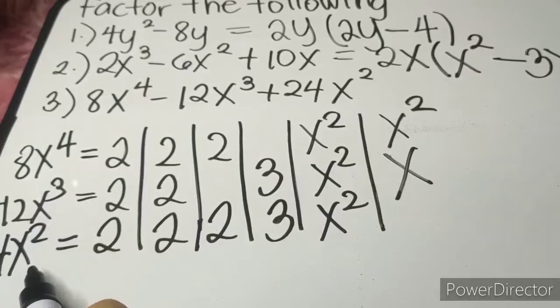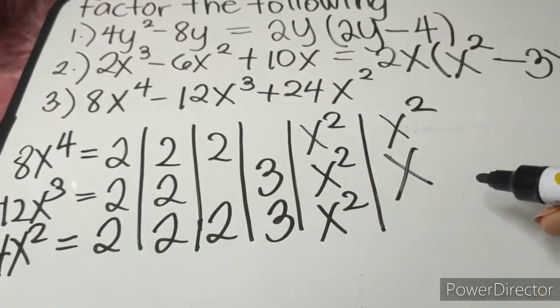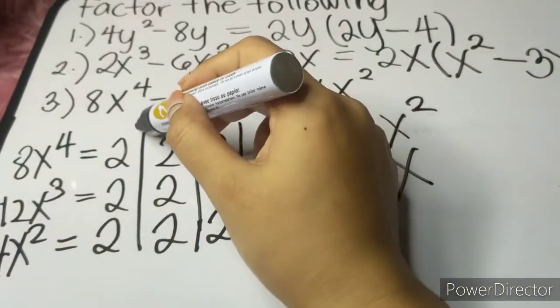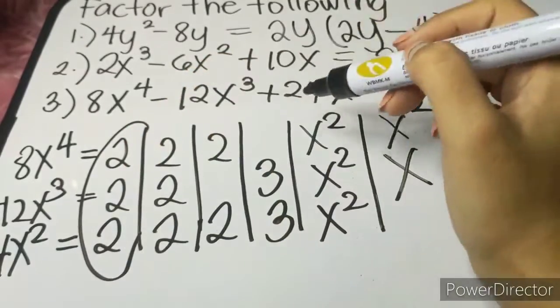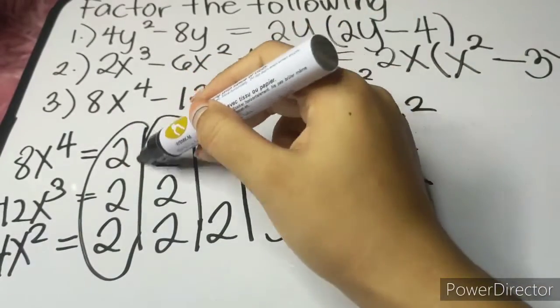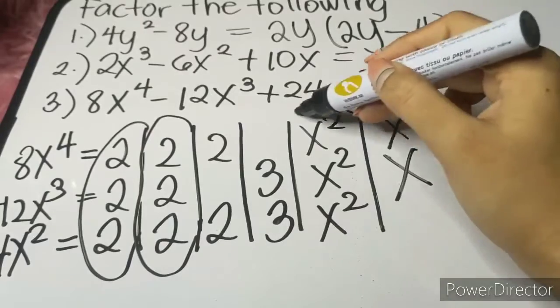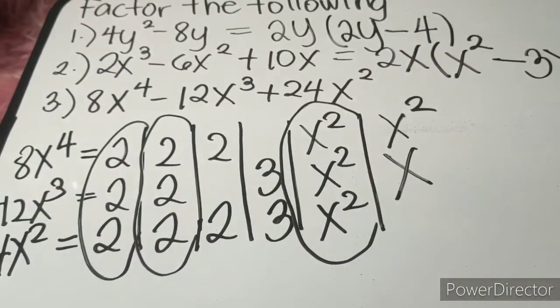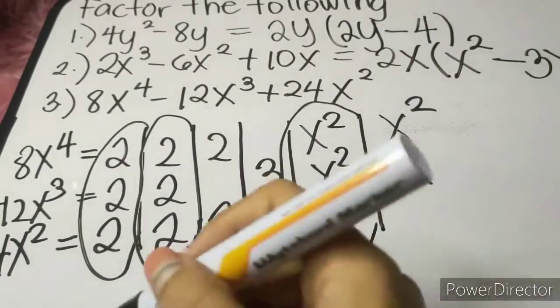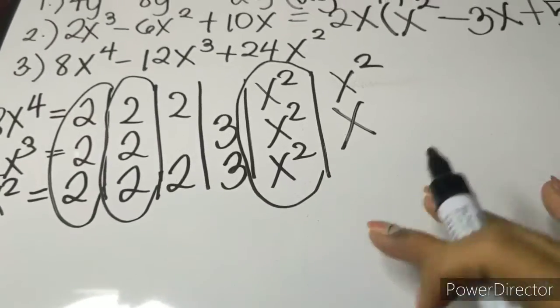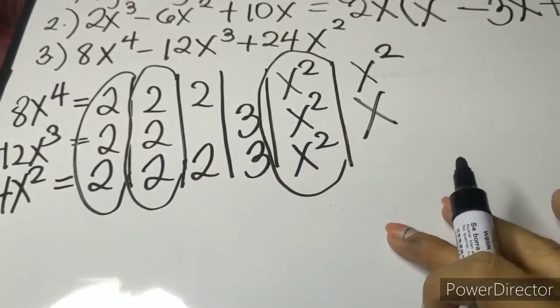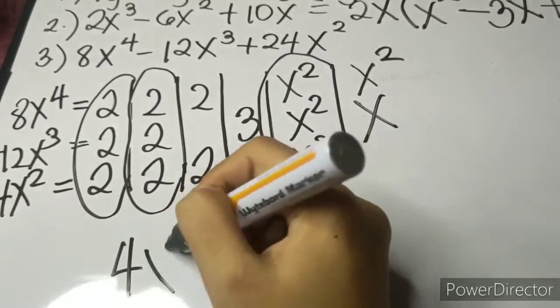Ito naman, wala na kasi x squared lang yan. Okay, and then you will see yung common nilang tatlo kasi 3 terms to. So, our GCF is 4x squared.